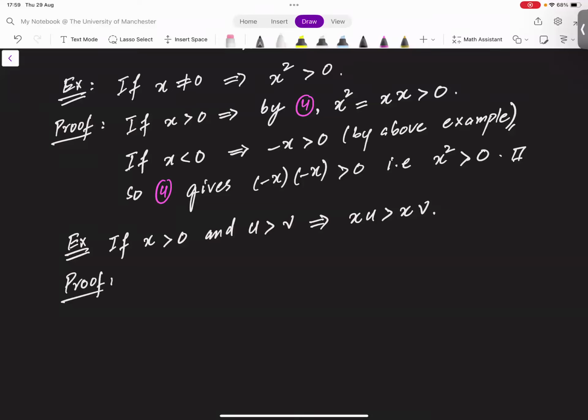We have u is greater than v, then u minus v is greater than 0, which is greater than v minus v, which is 0.